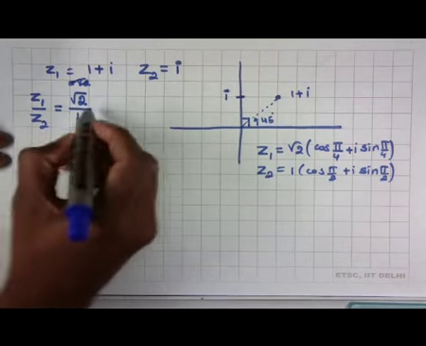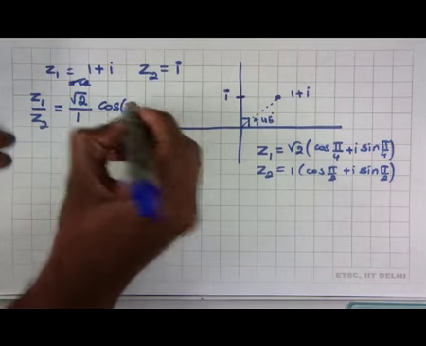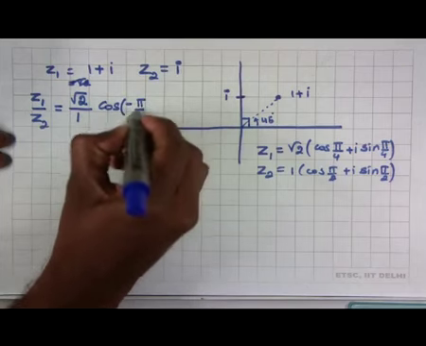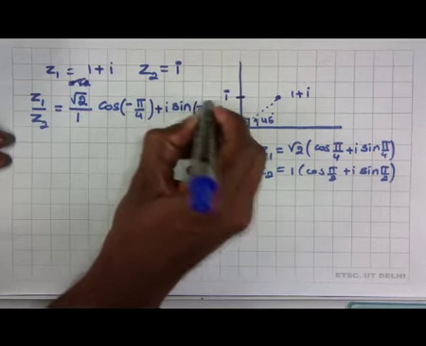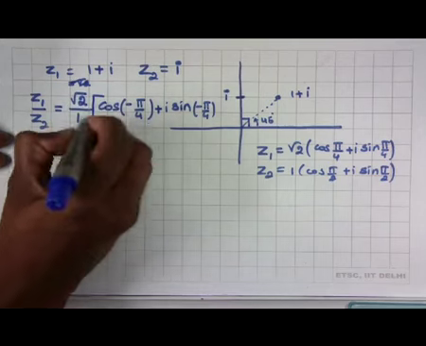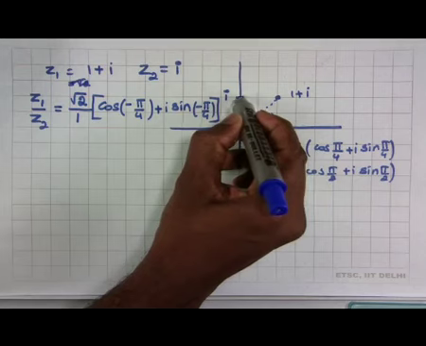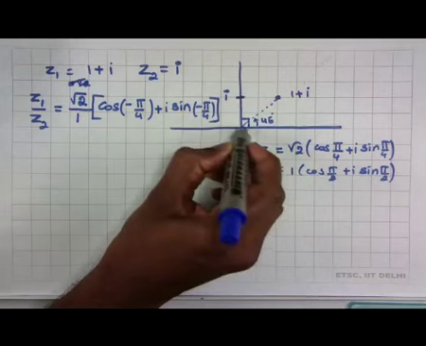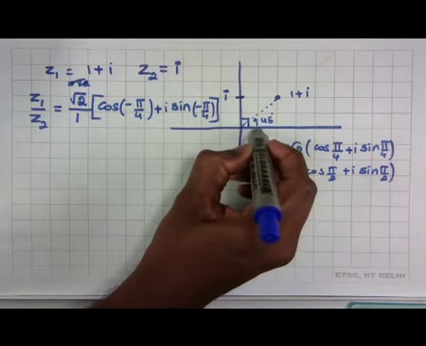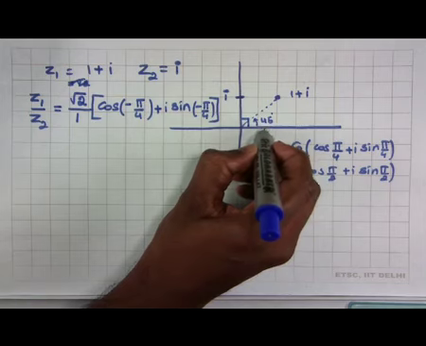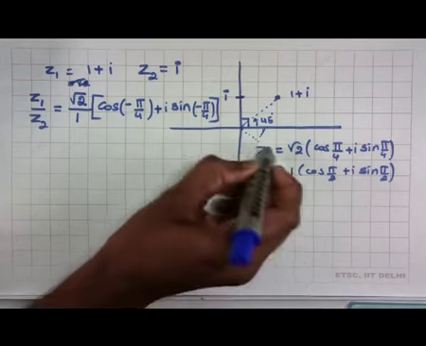Now, for the division, we need to subtract the angle. So, this gives us cos minus pi by 4 plus I sin minus pi by 4. So, what we are getting is a vector with the minus 45 degree. As I mentioned, the minus sign denotes that it is measured from the x axis in the clockwise direction.